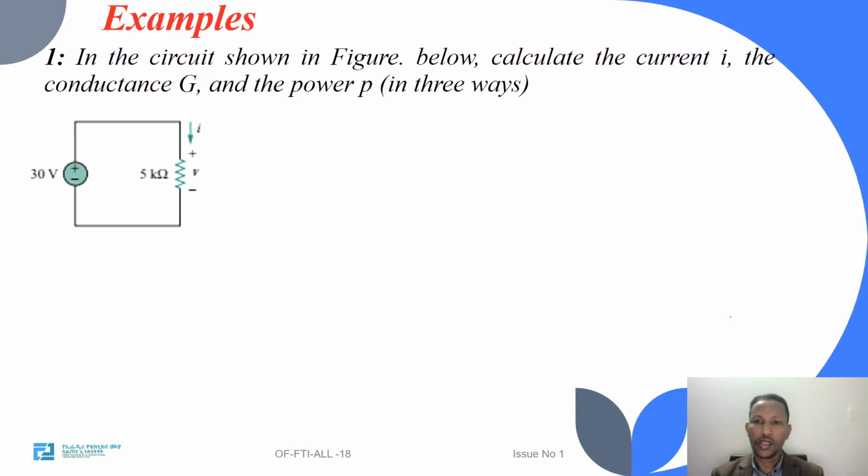Let's see a simple example in the circuit shown in the figure below. Calculate the current I, the conductance G, and the power P in 3 ways. We have different methods for determining the power in the circuit, so we'll consider three methods.